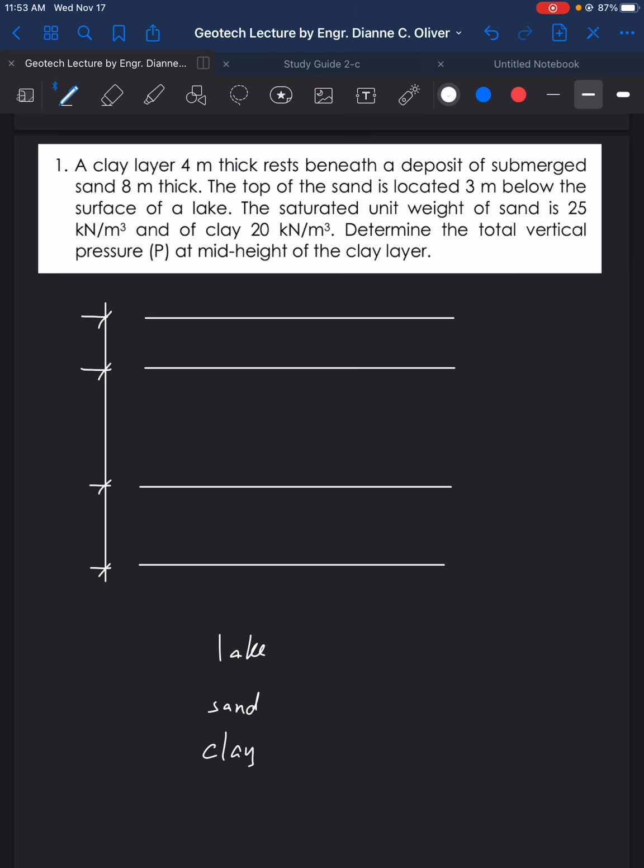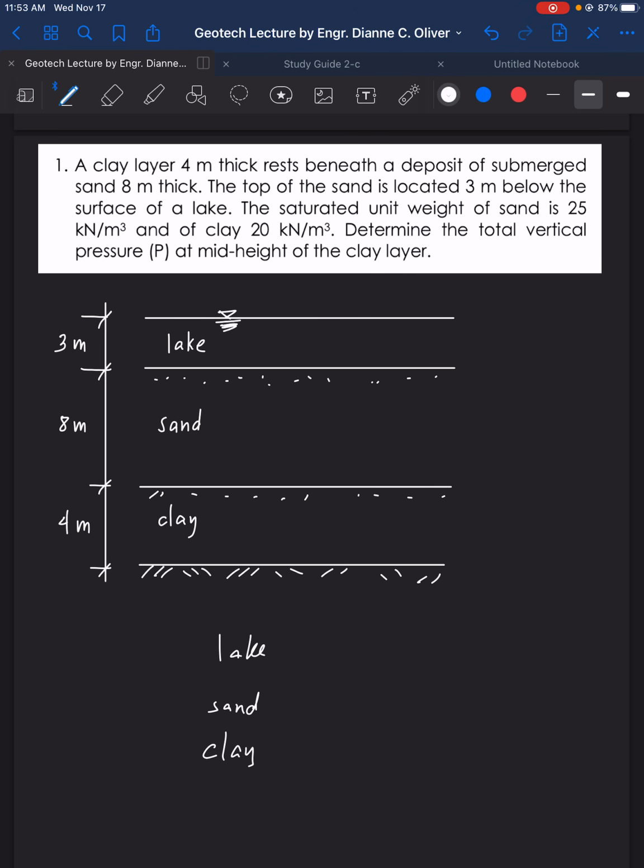So 3 meters, 8 meters, and then 4 meters. So this is the lake, this is the sand, and this is the clay. Right?